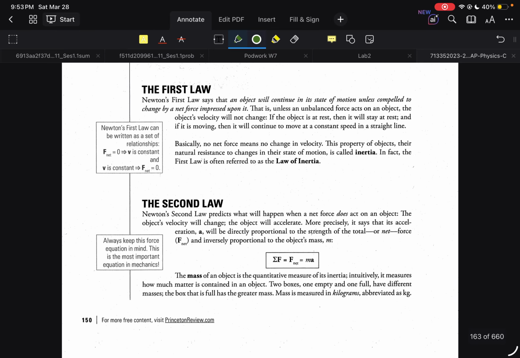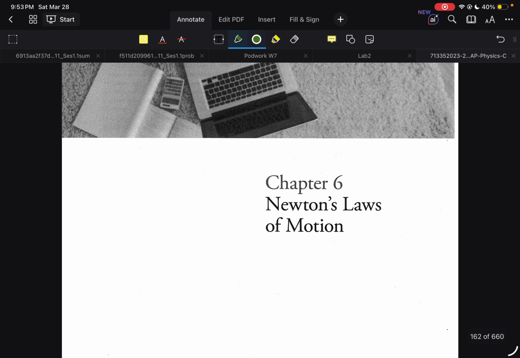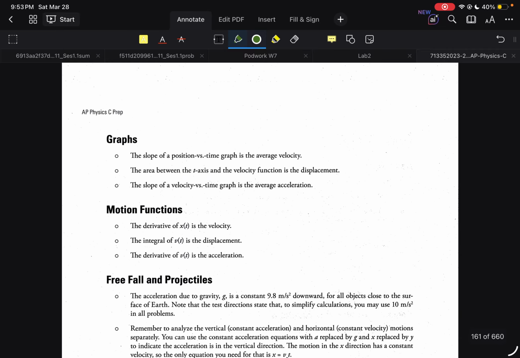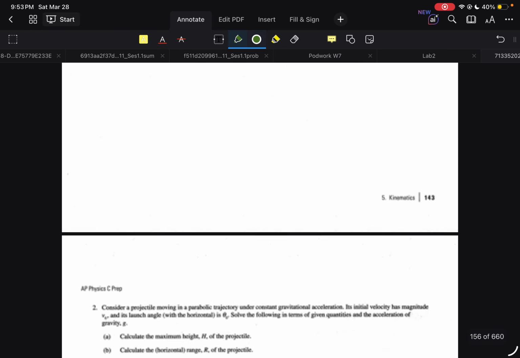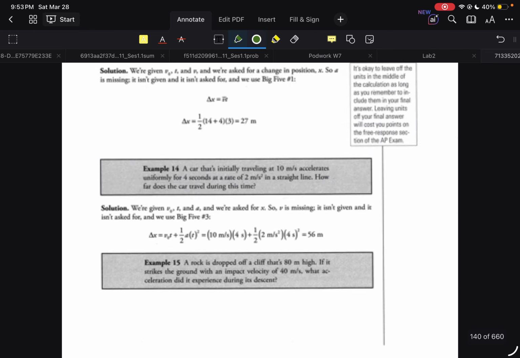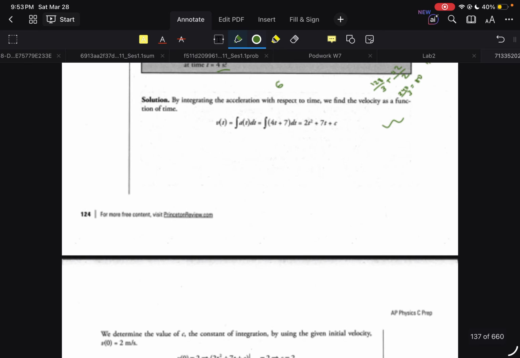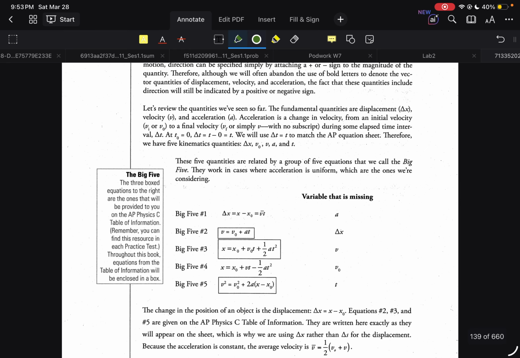We'll do the drill too, because why not? Oh my gosh, there's a lot of stuff. Don't even remember the question page that we were on. 162. Can you remember that in chat? 162.